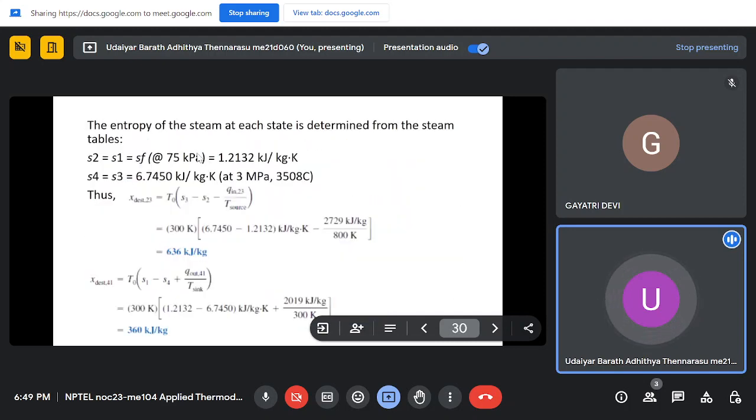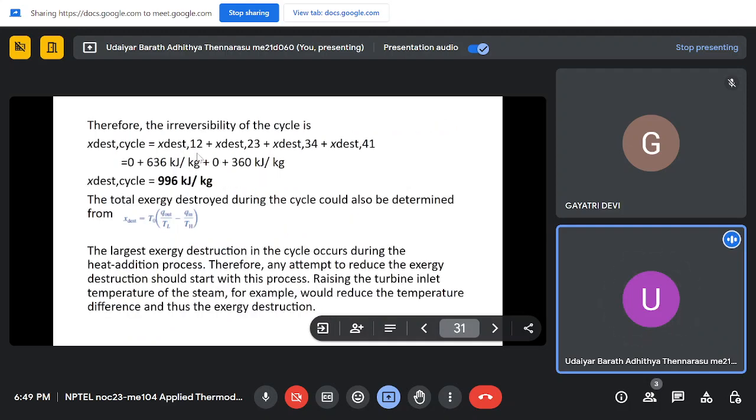What's happening is your source is at a higher temperature, but you are not fully utilizing that to convert the steam. So by raising the steam's temperature close to the source temperature, you are minimizing the exergy which is destroyed in the boiler. Doing so, you can make this more efficient.